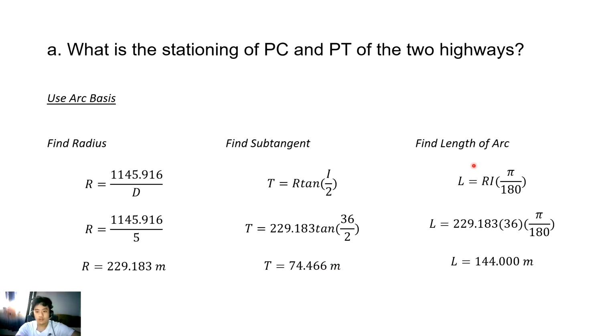And for the length of arc, we use the formula R times I times pi over 180. We substitute the given values: 229.183 times 36 degrees times pi over 180, and we get the length of arc, or length of curve, of 144 meters.